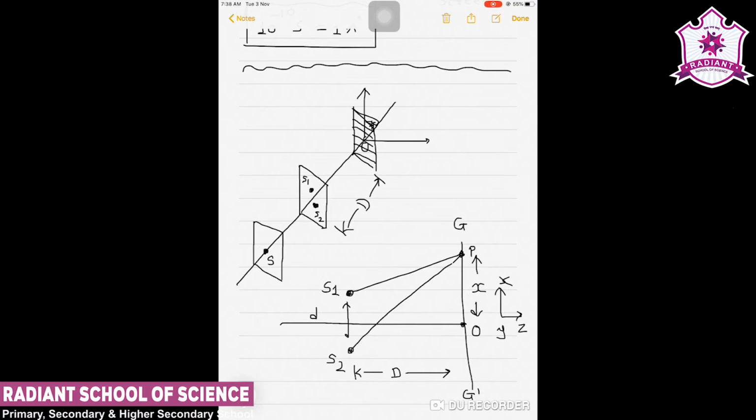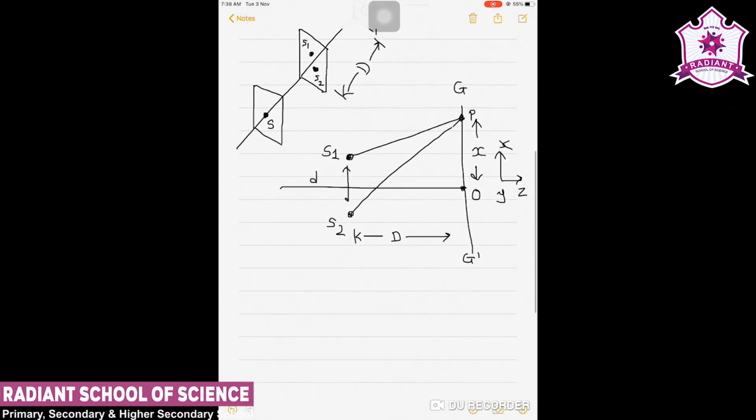The spherical waves emanating from S1 and S2 will produce interference fringes on the screen GG dash, as shown here.